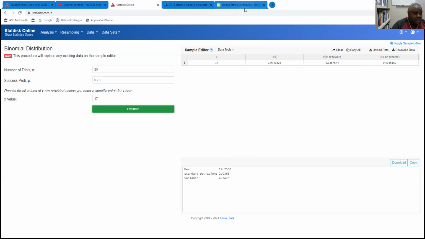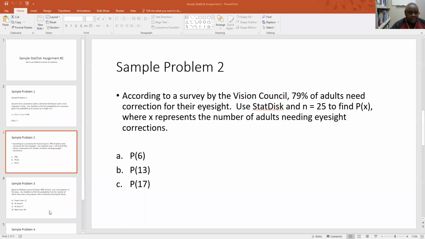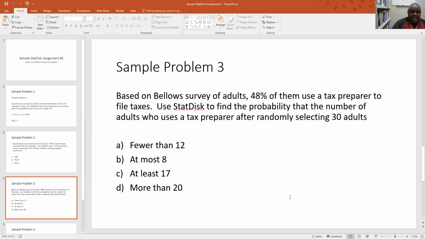Okay, so now we can go on to sample problem number 3. And it says here, based on a Bellows survey of adults, 48% of them use a tax preparer to file taxes.